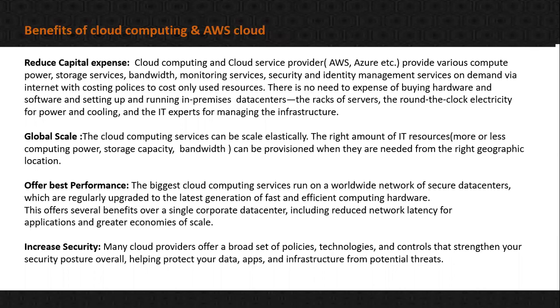These services are available on demand via the internet with very effective and very economical costing policies, guys. Costing policies means whatever resource you use, for that time you will be charged. In this way it becomes very economical for us.